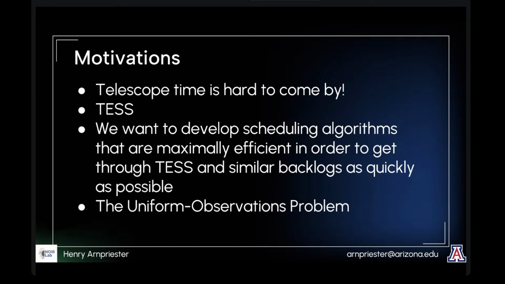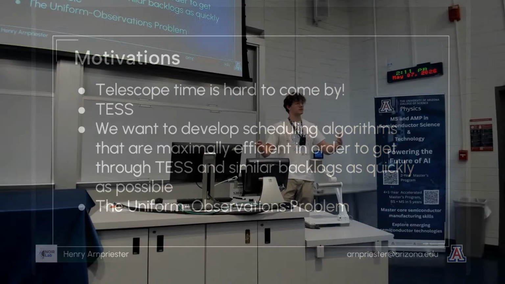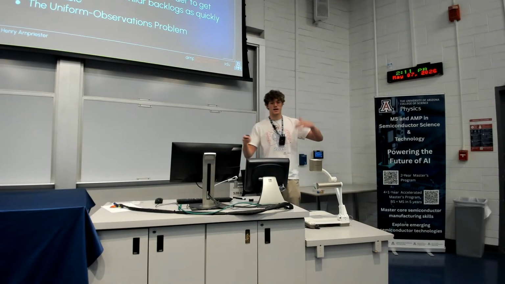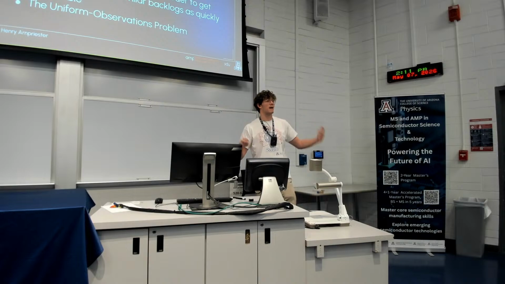And so the motivation for this project is we want to create a scheduling algorithm that is maximally efficient, using information theory and some statistical approaches in order to get through TESS and other similar sky survey backlogs as quickly as possible, such as Kuiper.